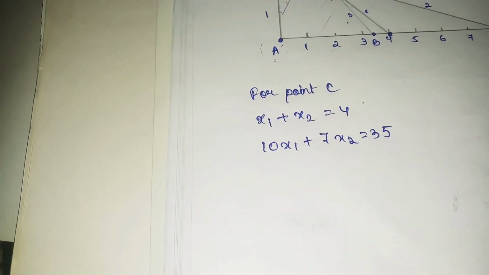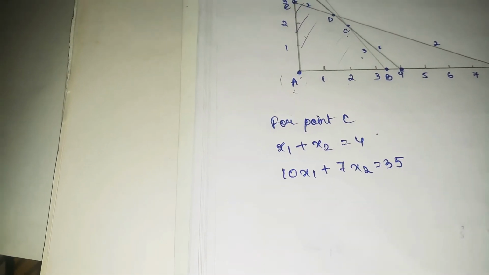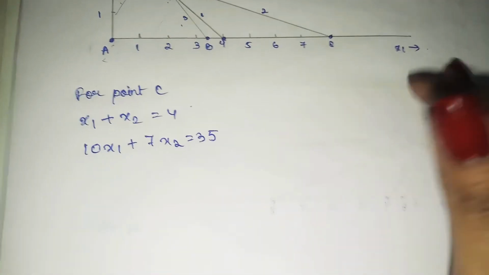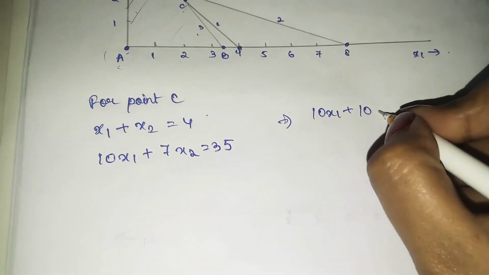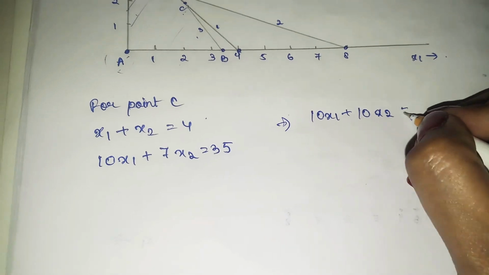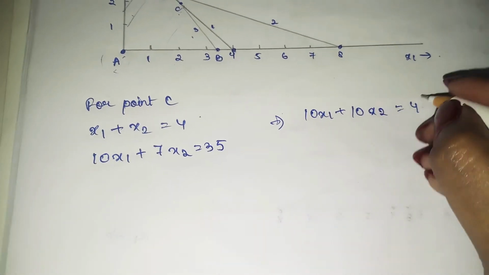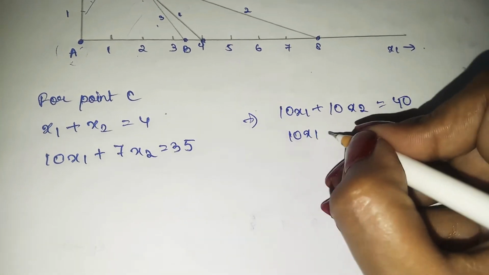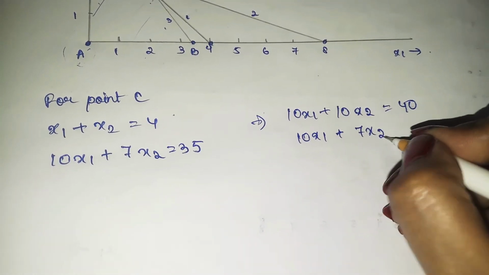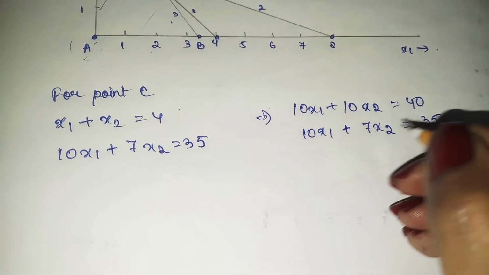You will know it. This we have been taught when we were in school, isn't it? But still, let me just do it for you. Okay, so this will be 10x1 plus 10x2 equal to 40. This will be 10x1 plus 7x2 equal to 35.